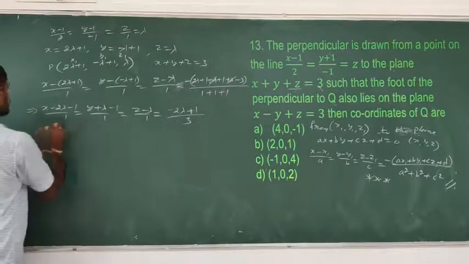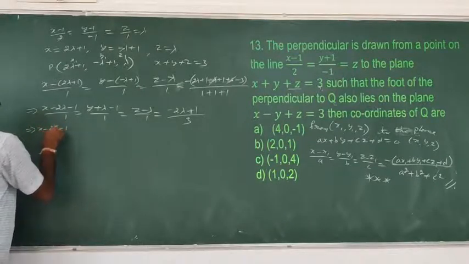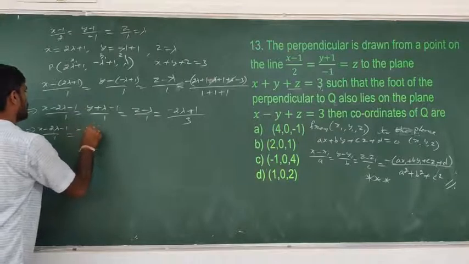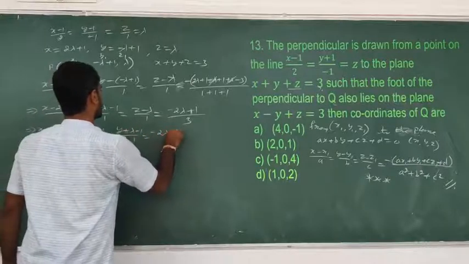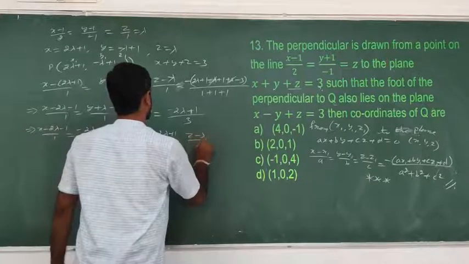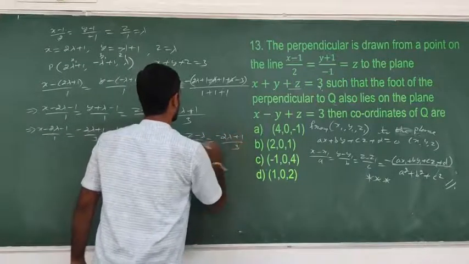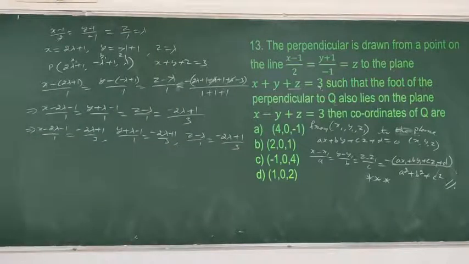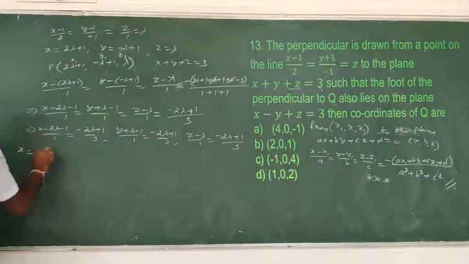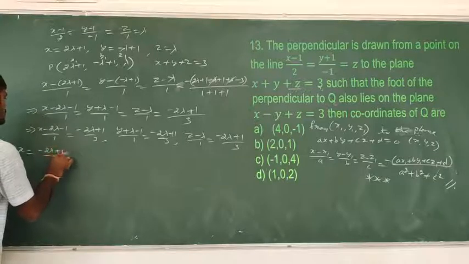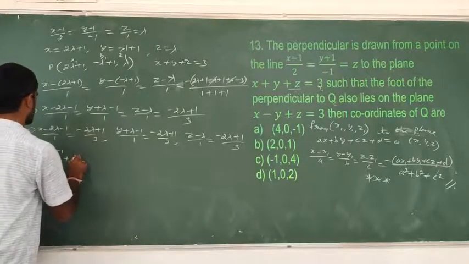So then keep equating. This implies (x minus 2 lambda minus 1)/1 = (minus 2 lambda plus 1)/3, or (y plus lambda minus 1)/1 = (minus 2 lambda plus 1)/3, or (z minus lambda)/1 = (minus 2 lambda plus 1)/3. So here I am equating. Okay, so x = (minus 2 lambda plus 1)/3, sending it to the other side it becomes plus, plus 2 lambda plus 1.